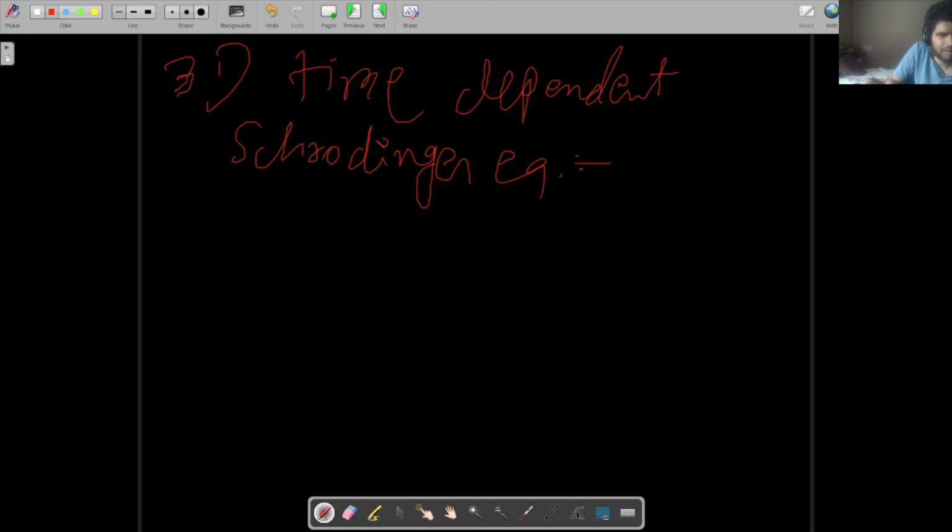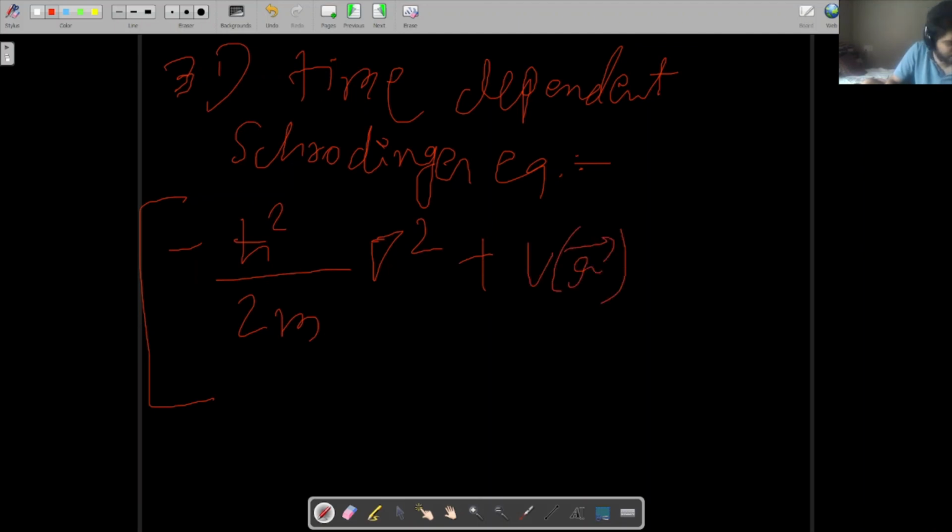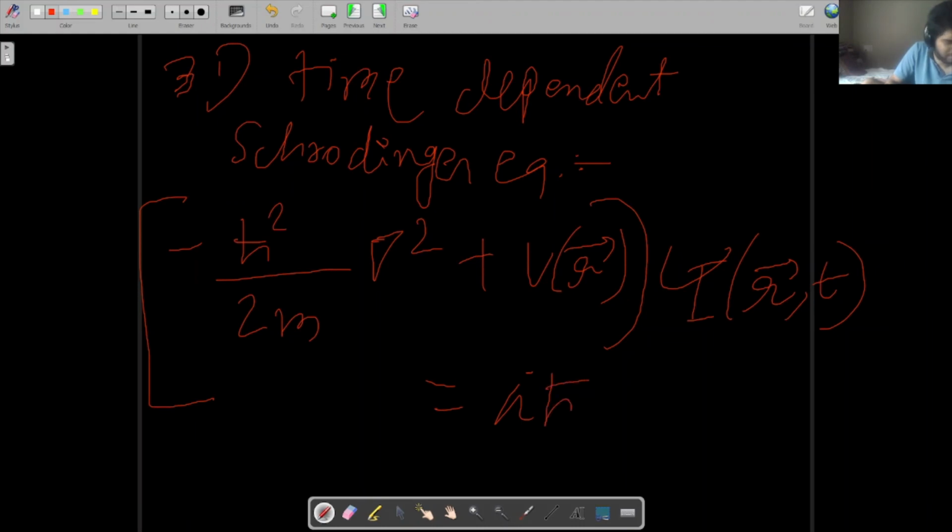So the three dimensional time dependent Schrodinger equation is basically this thing over 2m, plus V of r, times psi of r comma t, equal to i h cut del by del t of psi of r comma t.